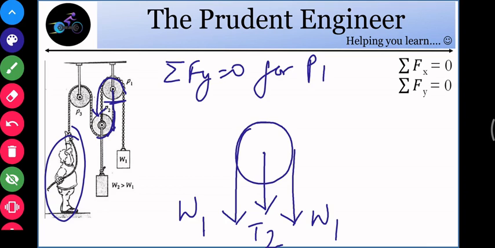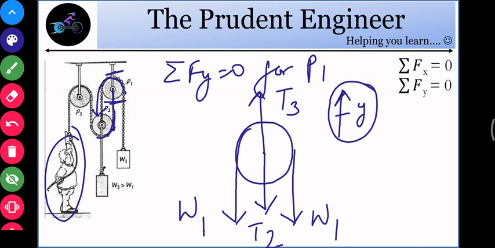So we want the value of T2, and there is a fixed support that offers some tension, say T3. If we take the positive y-axis as the positive direction, we can take any sign convention, but say positive y is plus for us.